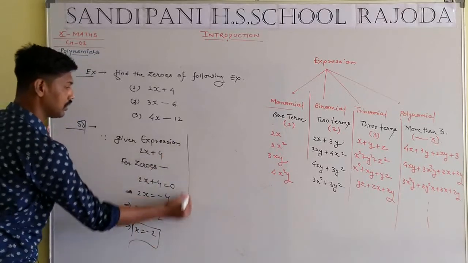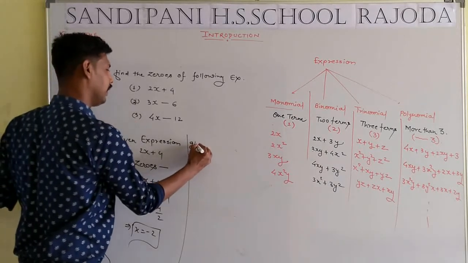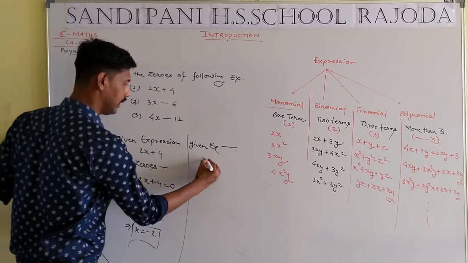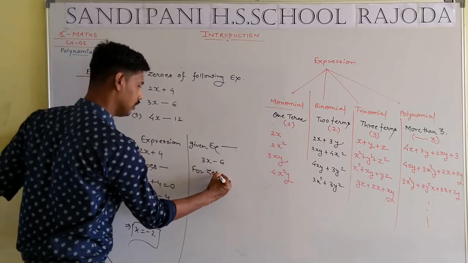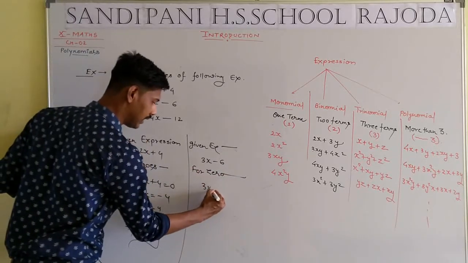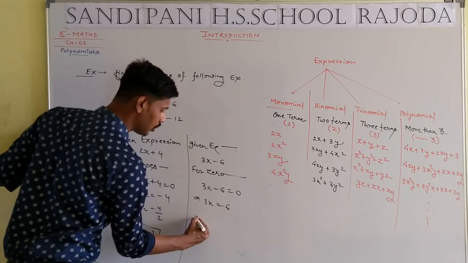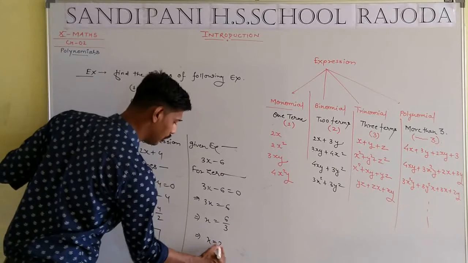Now question number two, the given expression is 3x minus 6. For zeros, 3x minus 6 equals 0, 3x equals 6, so x equals 6 by 3, that means x equals 2.